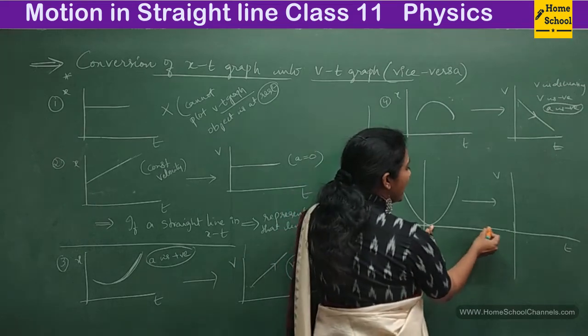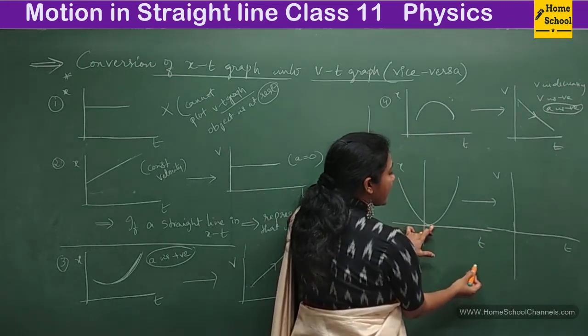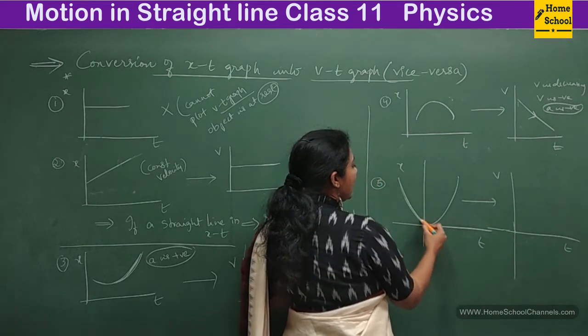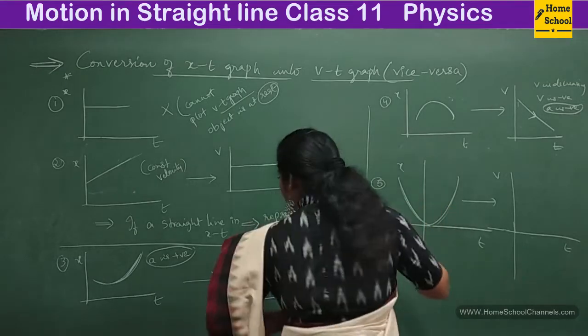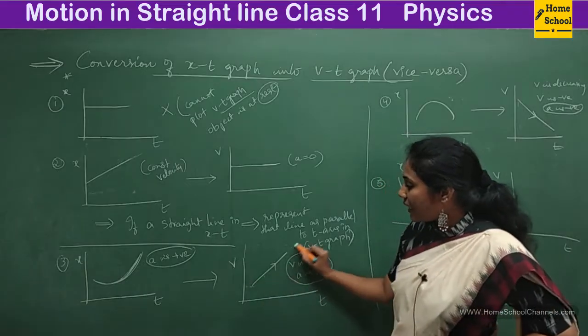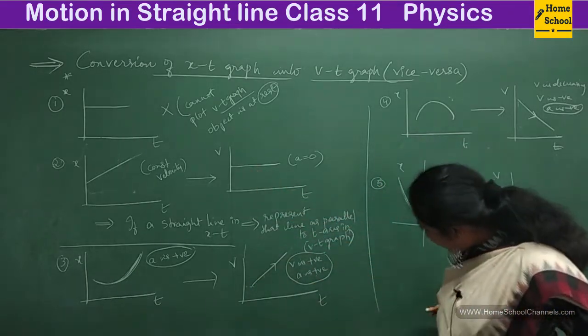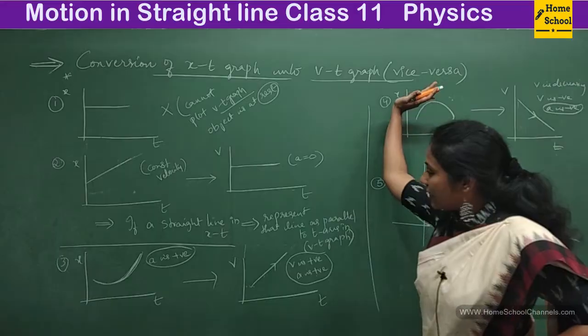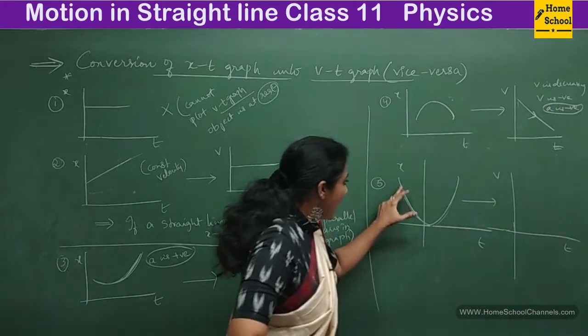So again from the negative side only I need to come. If it is an upward curve, you get a straight line like this, not like this.